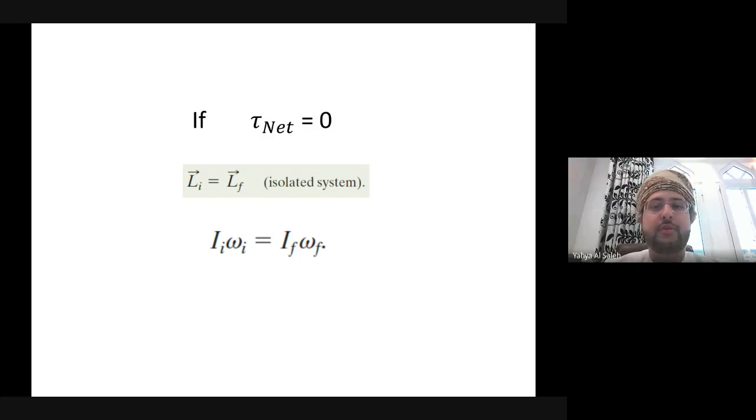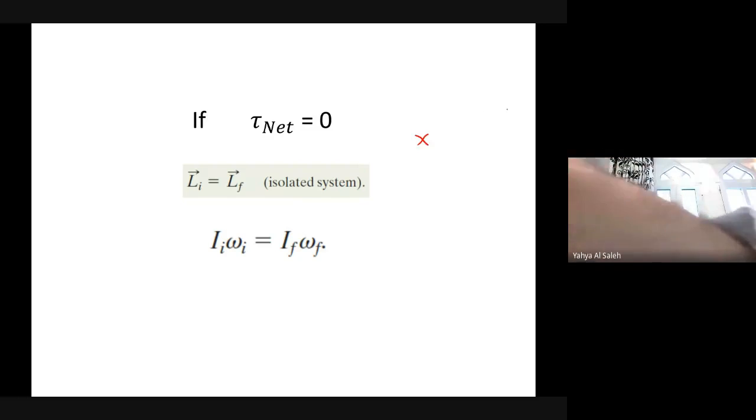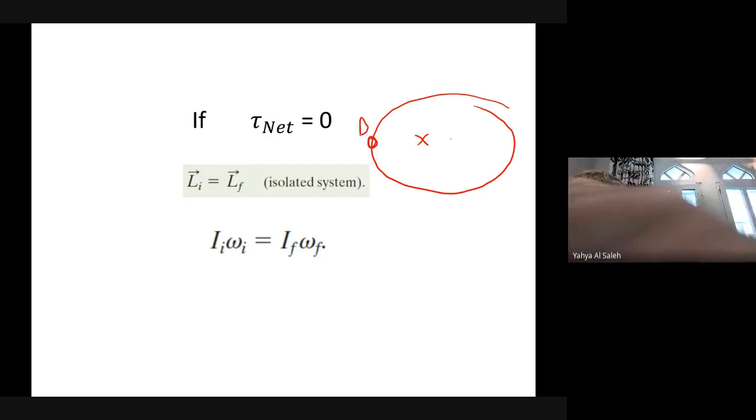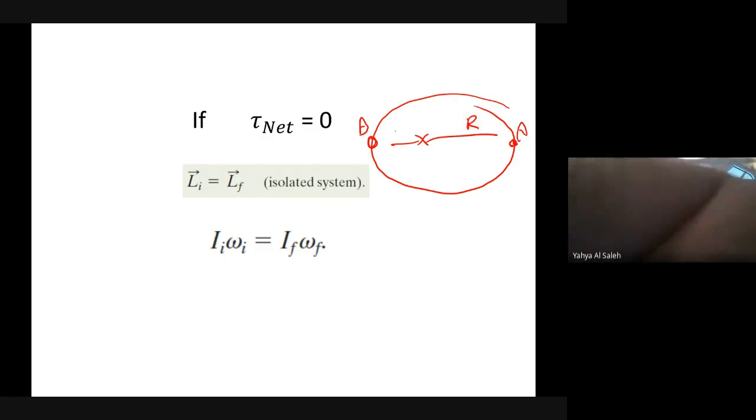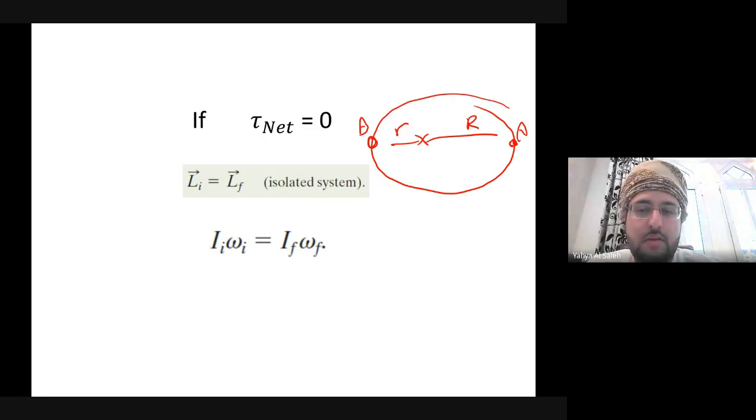And if you remember a few slides ago when we spoke about the planet going in circles round and round, when we had point B and point A, R here is bigger than R here, but then I also changes as you move away. So your angular momentum is actually conserved at all points. Your L is equal everywhere.